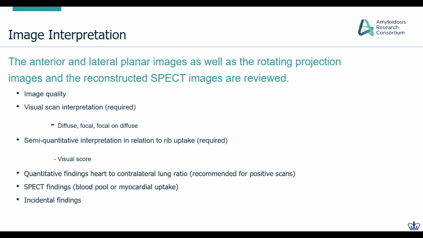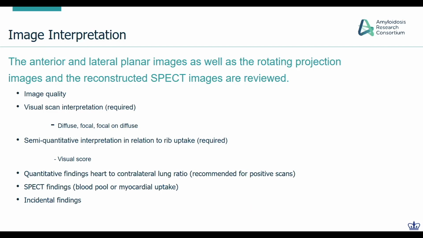So when we interpret the images, there are a few things which we should look at on all the scans. Always look at anterior and lateral planar images. And if you're doing SPECT imaging, look at the rotating images and also the SPECT images to see the regional distribution and if the uptake is in the myocardium or blood pool.